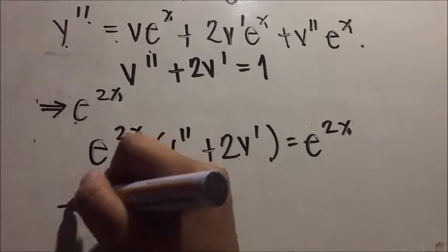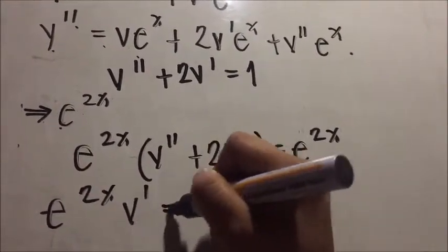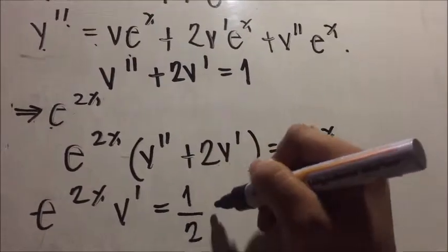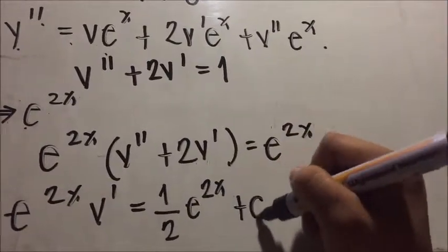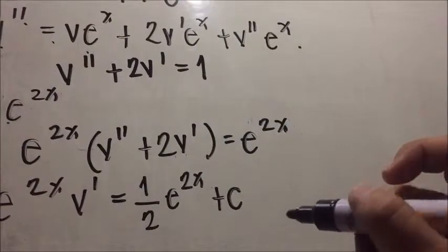Thus, e^(2x) v prime is equal to 1/2 e^(2x) plus c, where c is an arbitrary constant.